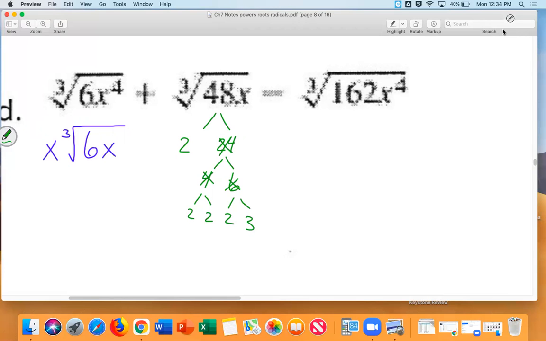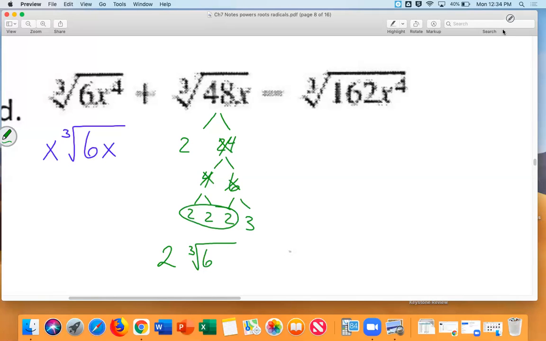Do we have a group of 3? Yeah, I'm going to circle these right here because they're easy to say, right? Doesn't matter which 2's you group. So I'm going to pull a 2 out. And then left inside my cube root is going to be a 2 and a 3, which is 6. Are you okay with that? 2 and 3 is 6.